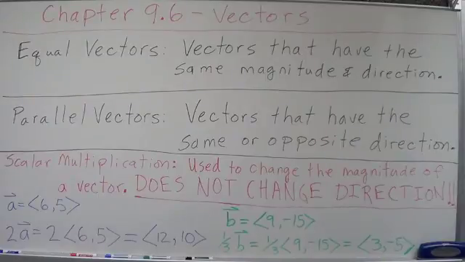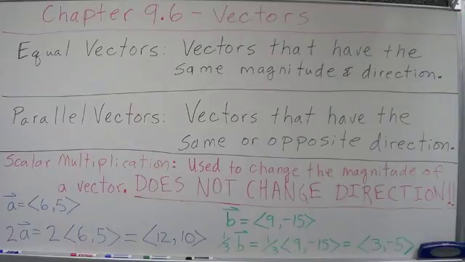Three concepts: equal vectors. Vectors that have the same magnitude and direction. Parallel vectors. Vectors that have the same or opposite direction, 180 degrees out of sync, or in sync. They can be different magnitudes, different lengths, different miles per hour, but they're headed the same direction or in opposite directions.